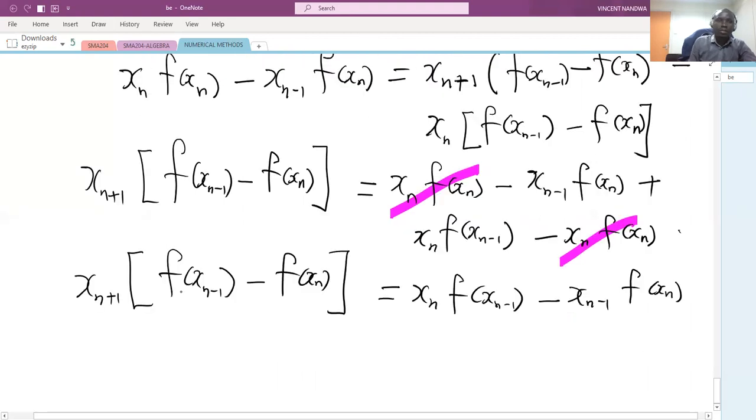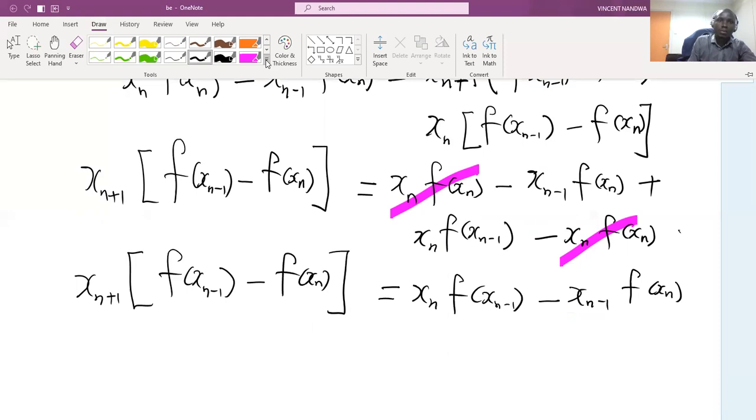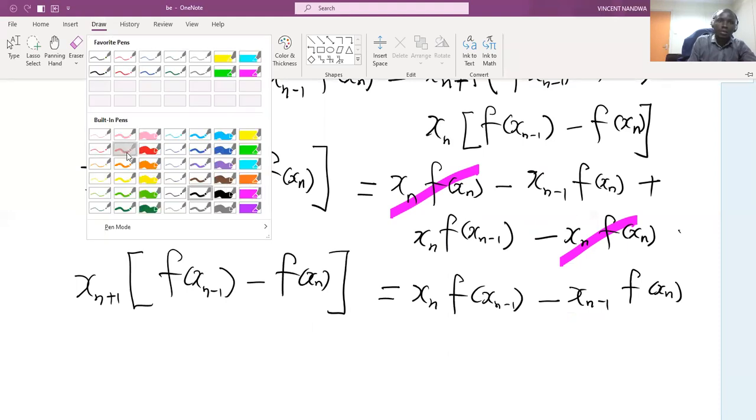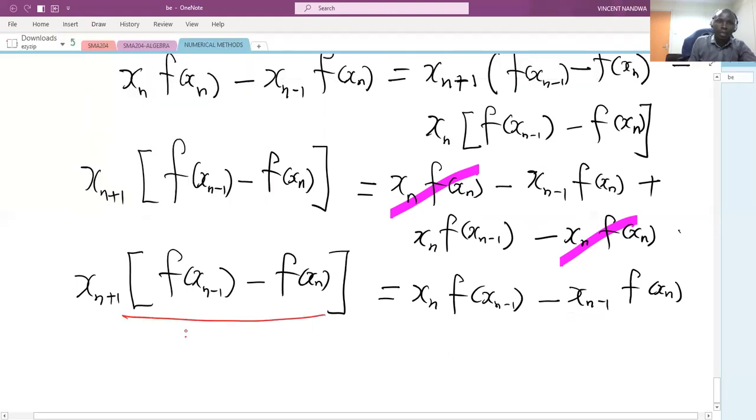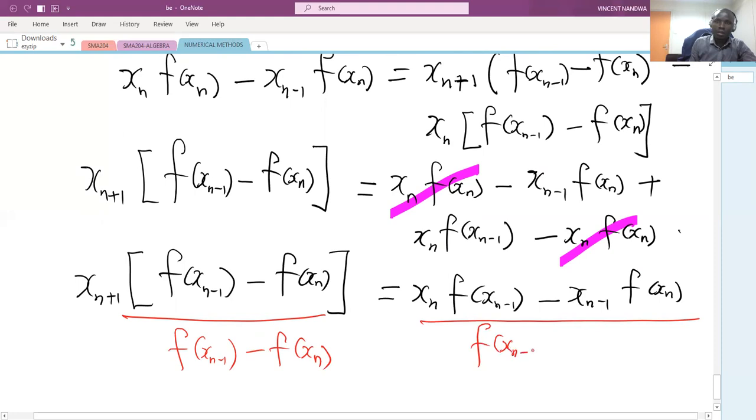And then to make xn plus 1 the subject, we divide through by this bracket, f of xn minus 1 minus f of xn, so that this and this cancel out.